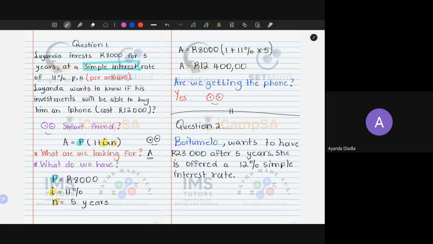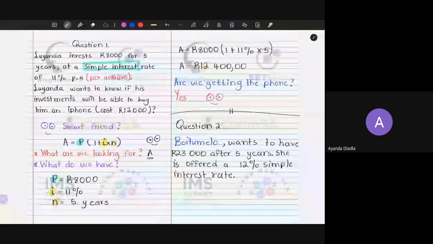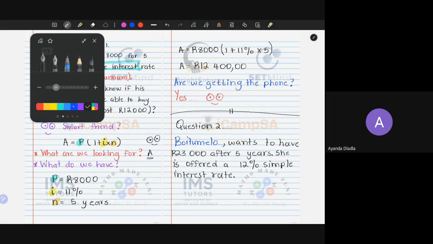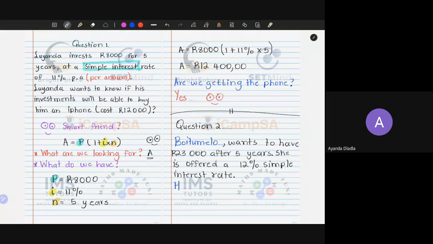And she's offered a 12% simple interest rate. Now, what she wants to know is, to you, the pure maths friend, how much should I put in now to get that 23,000? How much should she invest? That is the question.